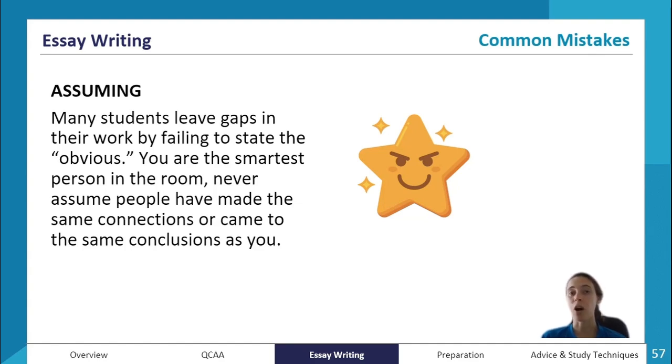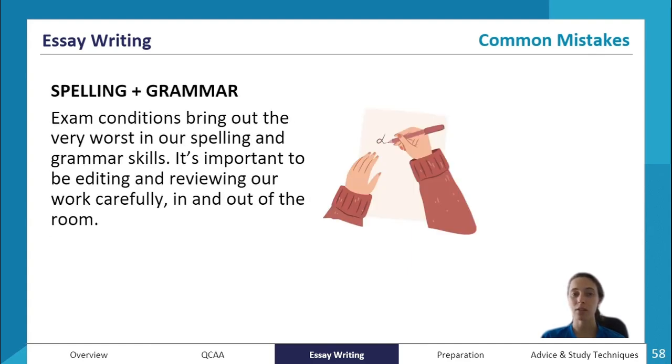They could have a whole different interpretation, and that is going to lead to a lot of confusion for the reader when it comes to understanding your intended meaning and the analysis that you were trying to perform on the text. So spell it out for the reader so you aren't forcing them to do any extra work, because ultimately you're not going to get credit for that when you're being marked.